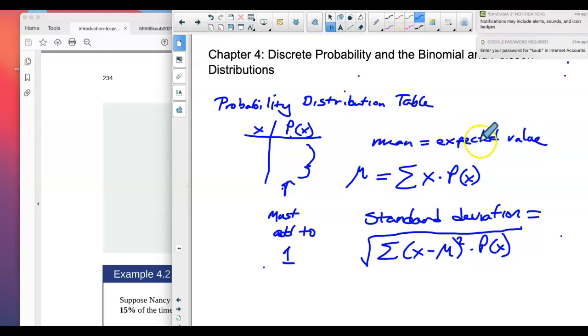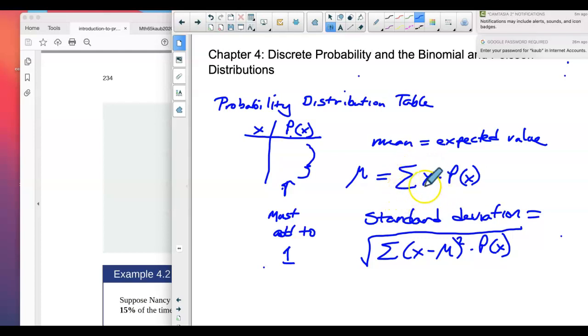So the mean and the expected value are the same. The letter they use for that is mu. What we would do is add up all the products between the value and its probability. So we'd multiply the two together, and then we'd add them up. That's what this sum symbol means. Okay, that would give us the mean or the expected value.